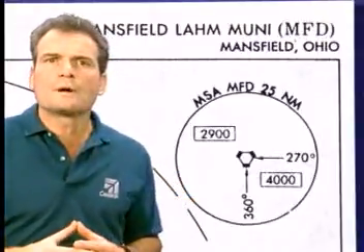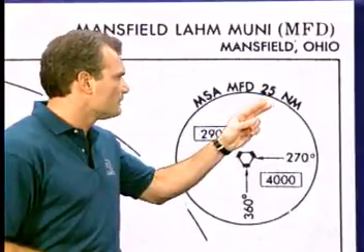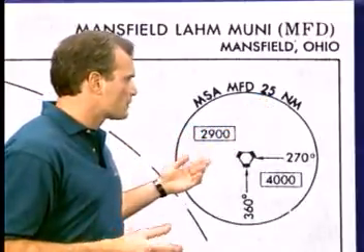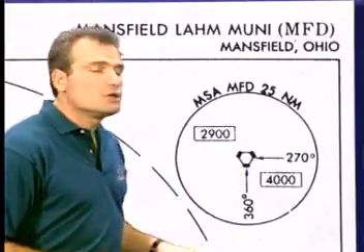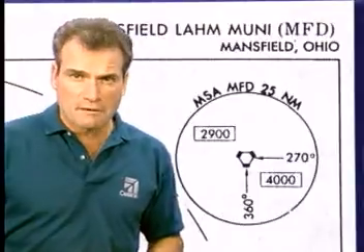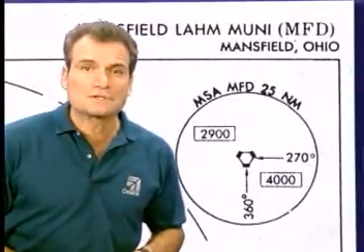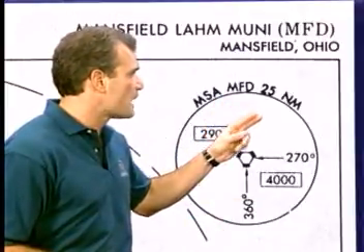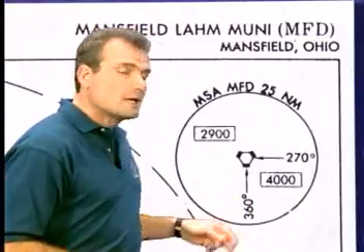If you're at or above the altitude shown within the 25 nautical mile circle, in this case 2,900 feet for most of the circle and 4,000 feet in the southeast quadrant, you're guaranteed obstacle clearance of 1,000 feet. You get that 1,000 feet of obstacle clearance as long as you're within the 25 nautical miles of the nav aid shown in the center of the circle.